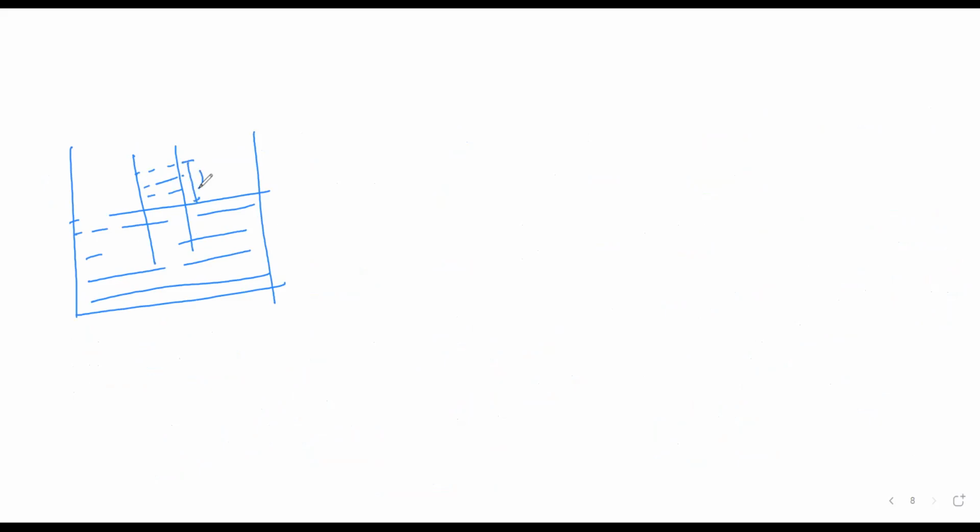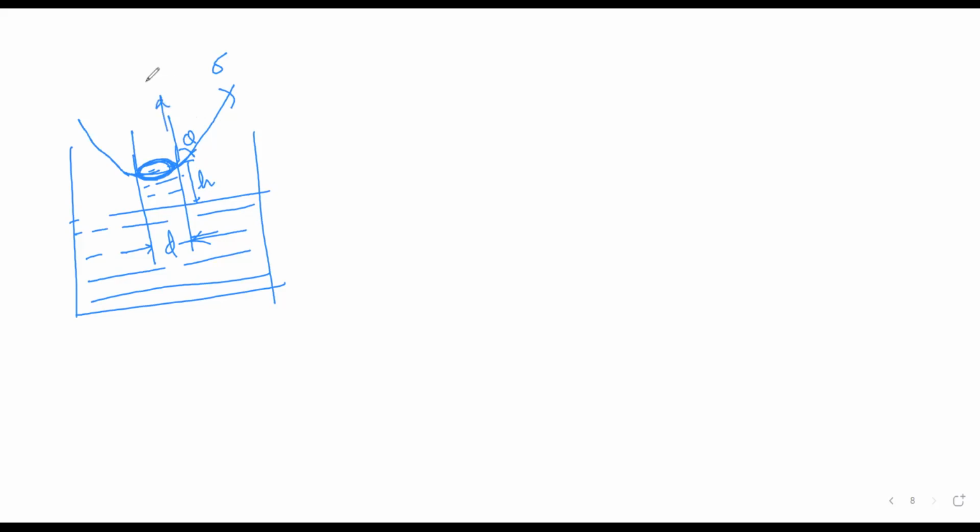Let us consider that the rise is h and the diameter is d. Here the meniscus angle is theta, the angle of contact. The surface tension sigma will always act on the circumference, so along the circumference, sigma will act.